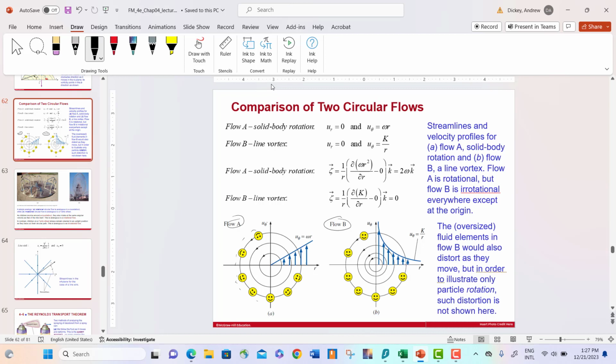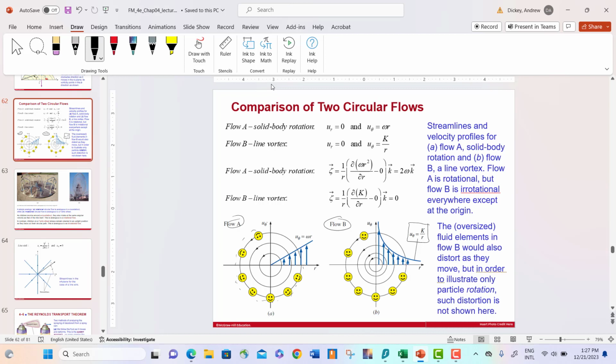And then when we look at flow B, which is the line vortex, U_R is also equal to 0, so we don't have any rotation here. And then U theta is equal to K over R. And so you can see that here.